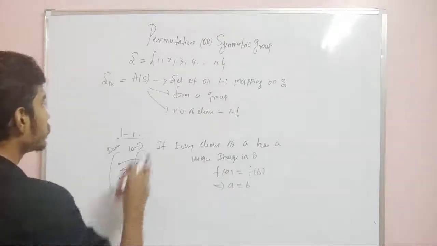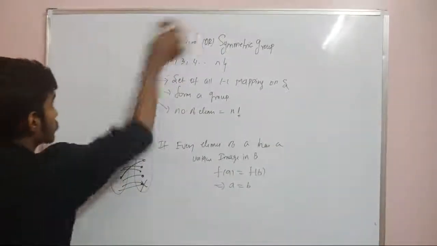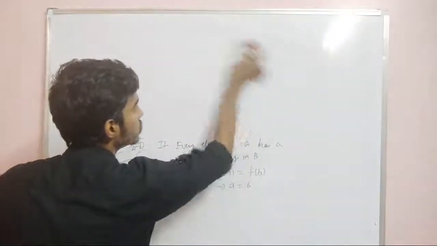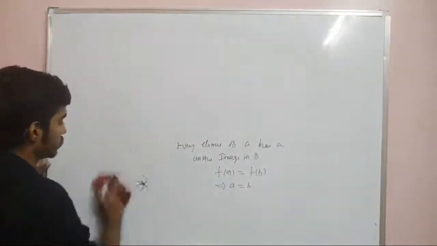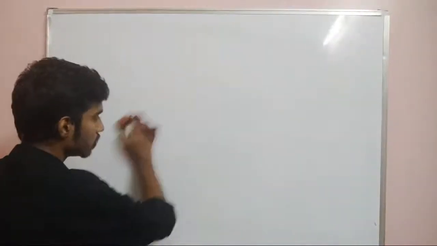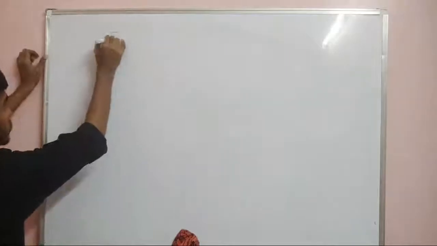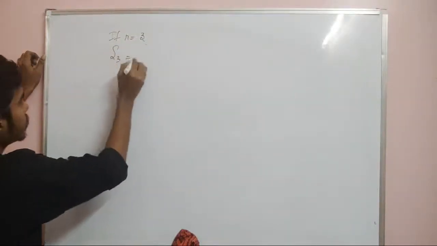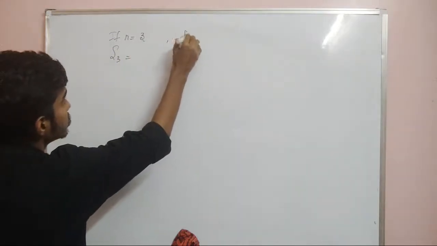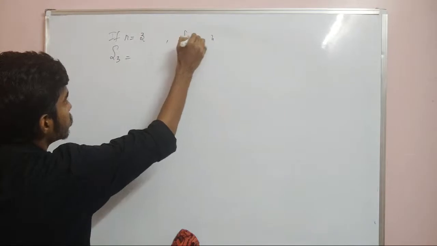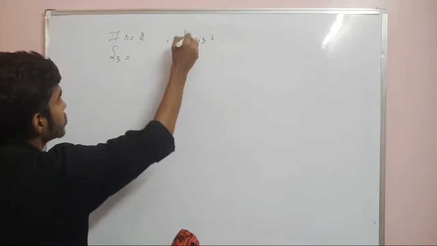So let us fix n equal to 3, so S3. What is the set? The set is 1, 2, 3. This is our set A. We need to find all 1 to 1 mappings f from A to A, the set of all 1 to 1 mappings from this set to itself.